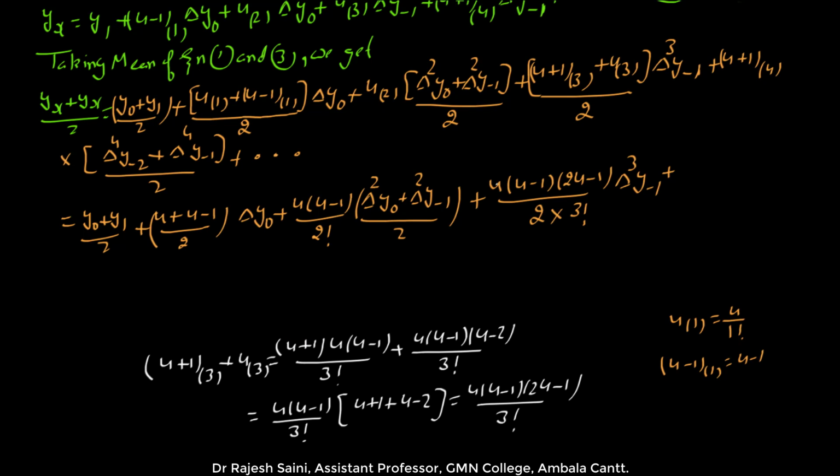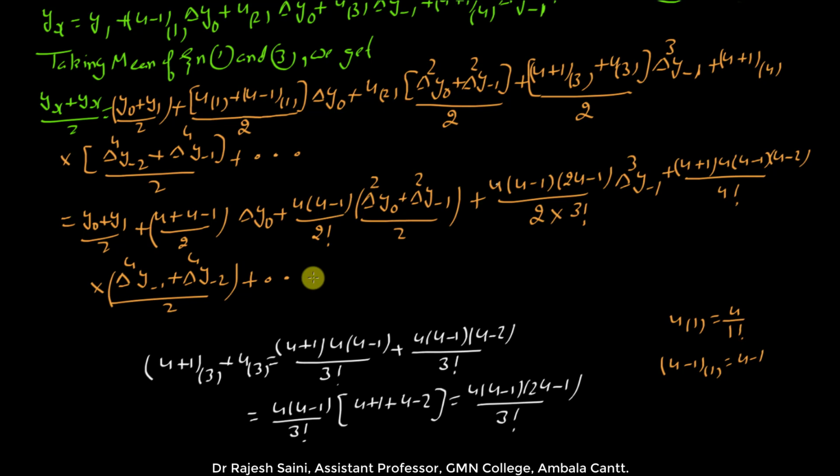Then (u plus 1)u(u minus 1)(u minus 2) divided by 4 factorial into delta 4 y minus 1, I am writing first, delta 4 y minus 2, divided by 2, and this will go on something like that. So I am going to rub this one.